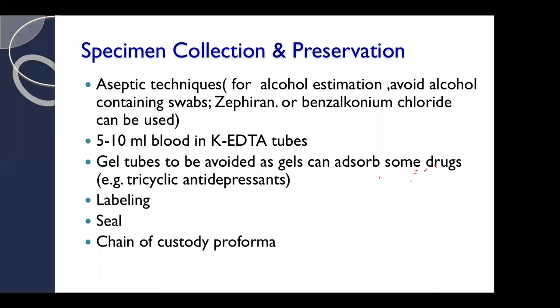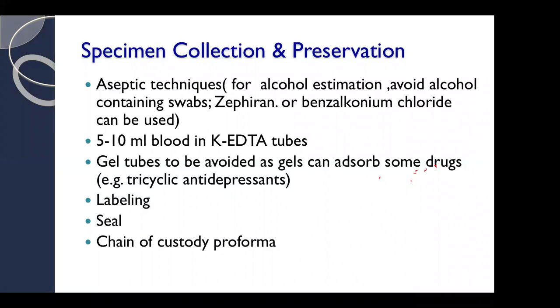Now, a very important aspect is sample collection and preservation. Aseptic techniques should be employed for all collection, but in alcohol cases it is very important to remember that we must not use a swab which contains alcohol. It is mostly isopropanol or isopropyl alcohol.